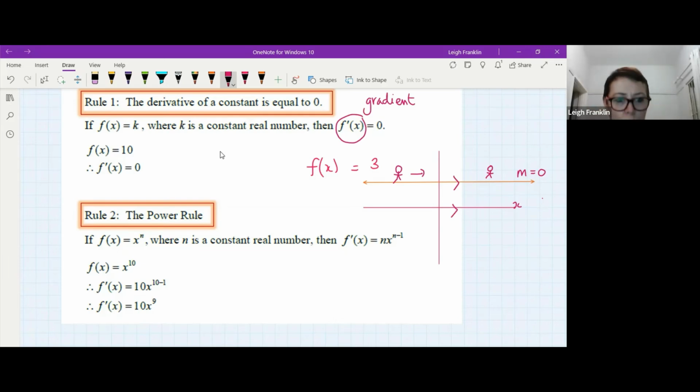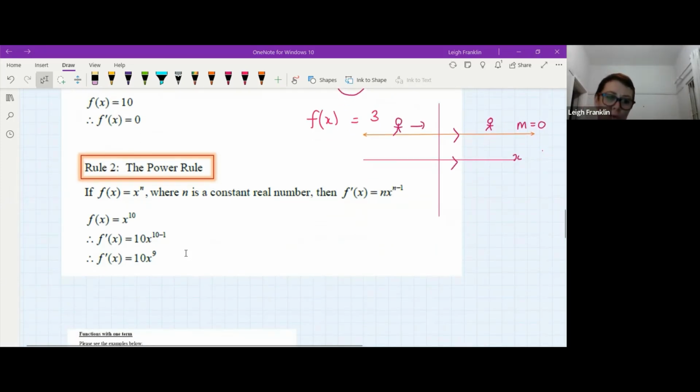The second rule, the power rule, is our shortcut way of determining the derivative, okay? And as I'm sure a lot of you are aware by now, we determine our first derivative by multiplying the exponent by the coefficient and then taking 1 away from the exponent.